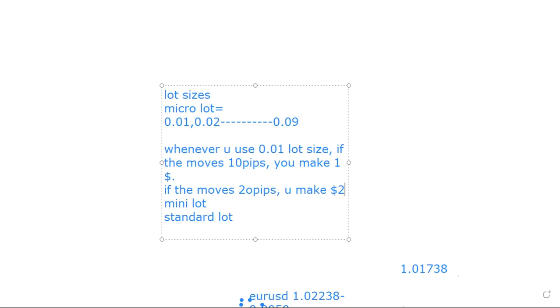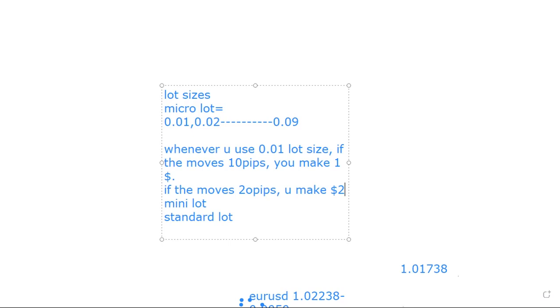If you were going for 20 pips, meaning you added 20 pips to your entry when you bought, when the market gets to the price you set, you should be seeing $2. If you move 30 pips, how many dollars will you make? $3. Good.